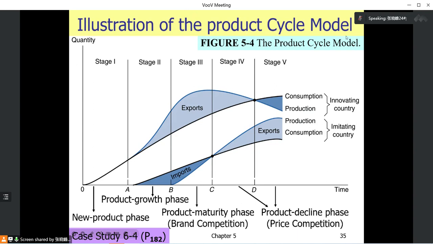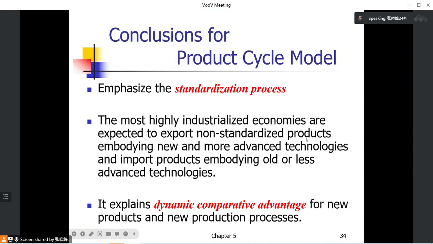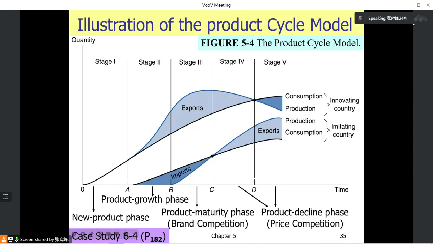This is an illustration of the product life cycle. We can see stage 1, stage 2: the new product phase, the product growth phase, the product maturity phase, and the product decline phase.